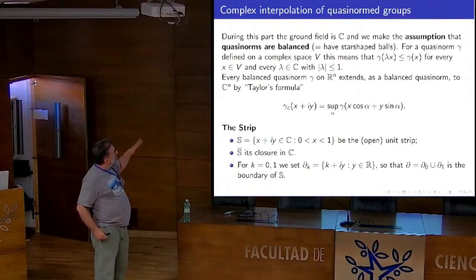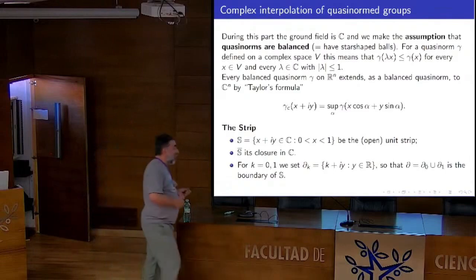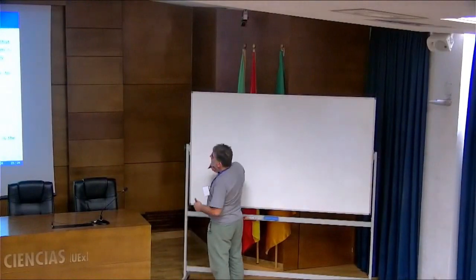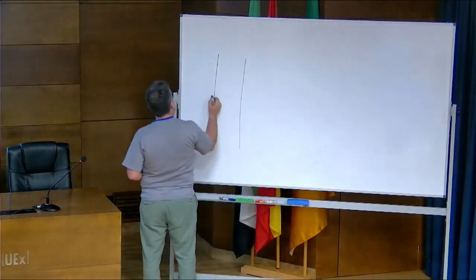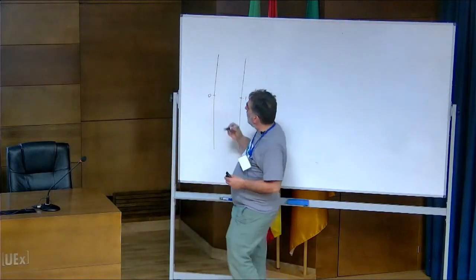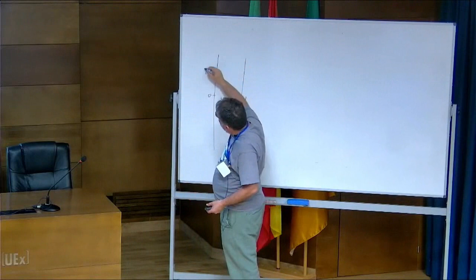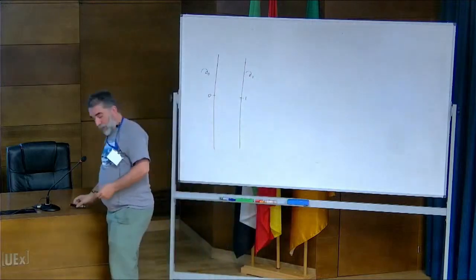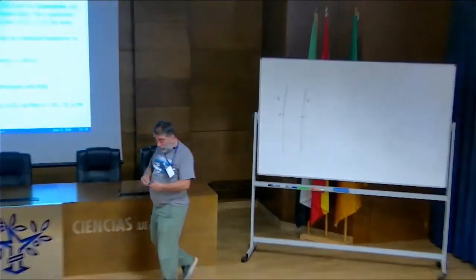Then the next ingredient we need is the unit strip in the complex plane, with the closure, and then the strip has two parts of the boundary, the left part and the right part. And so the union of both lines is the whole boundary.